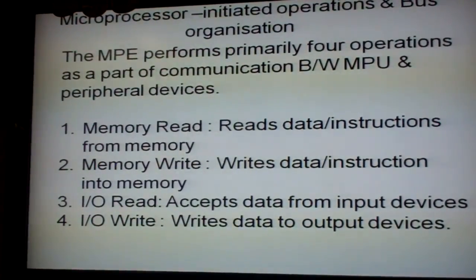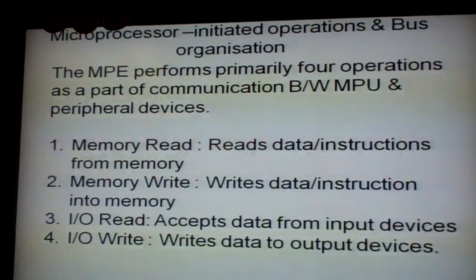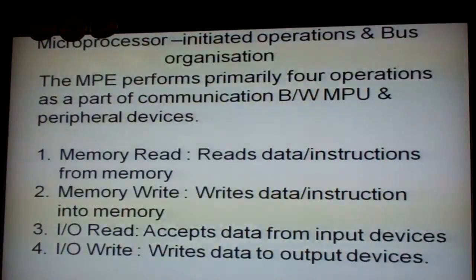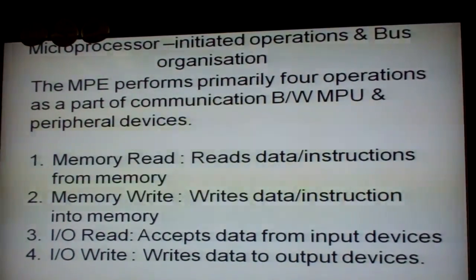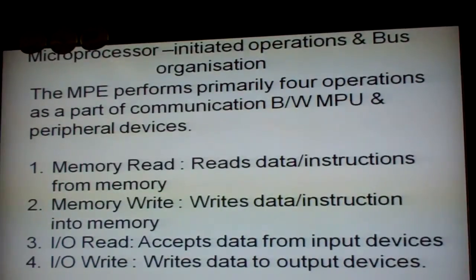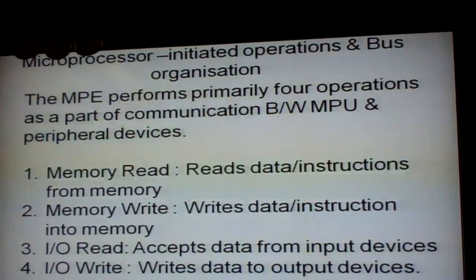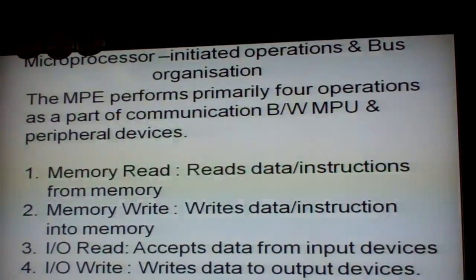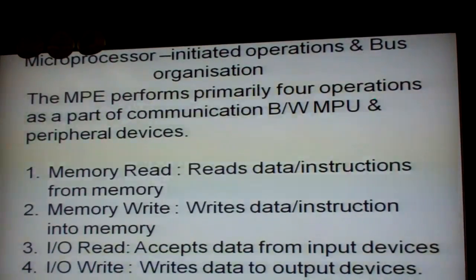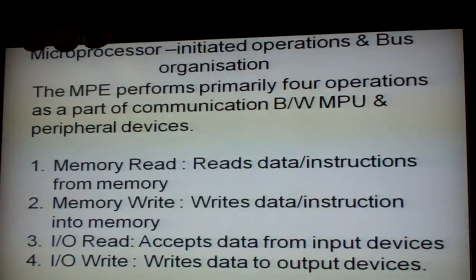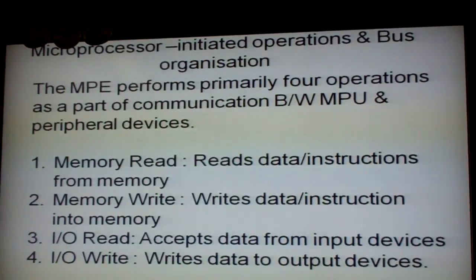The first one is the microprocessor initiated operations, and for this what you require is the organization of the bus. The MPU performs primarily four operations as part of communication between the microprocessor unit and peripheral devices: memory read, memory write, IO read and IO write.